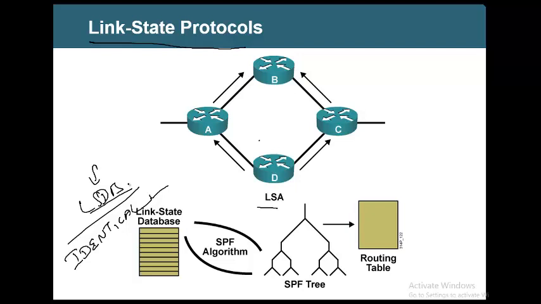As a result, each router can position itself in that map and see all the destinations and decide the best path to each destination and put the best path into the routing table. To decide the best path based on the low cost, the SPF algorithm comes into picture. And now the route is kept into the routing table.